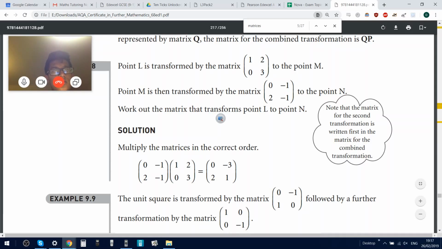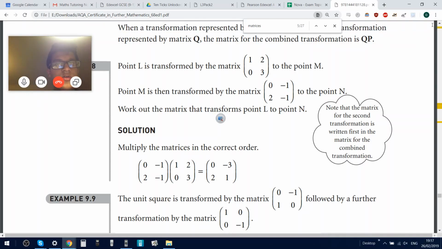Note that the matrix for the second transformation is written first in the matrix for the combined transformation. So even though this came second, you do it first. Why is that? It's because of the order of operations. You're working from the innermost brackets working out.